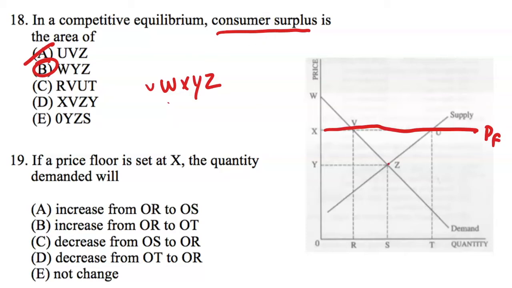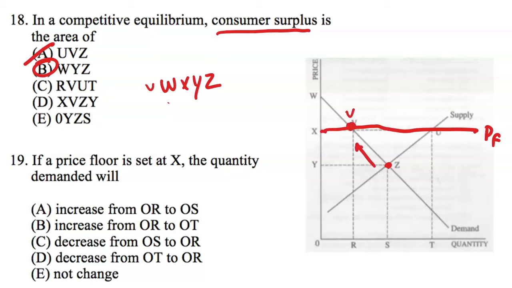Well, yes, because our equilibrium is at Z, and our price floor is placed above that. So it is a binding, effective price floor. Quantity demanded started at Z, and then at the price floor, our quantity demanded is now at V. So our quantity demanded actually decreased here.